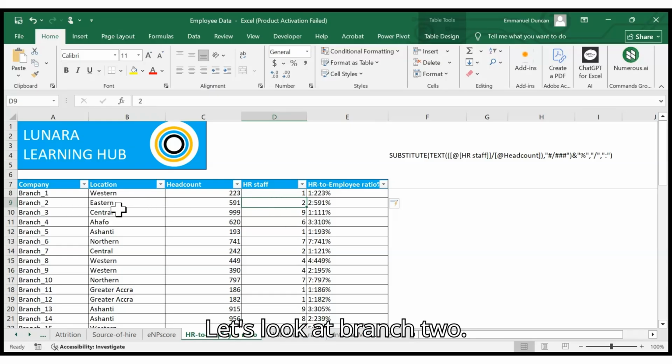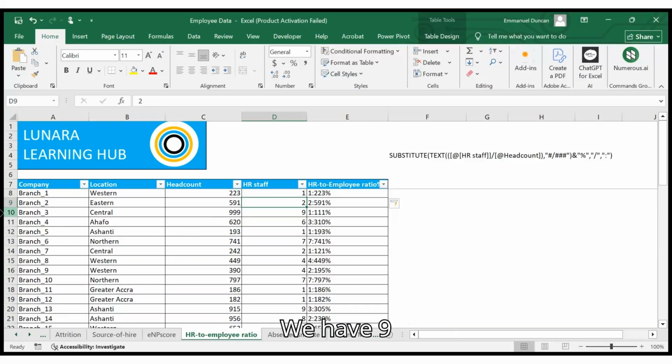Let's look at branch 2. We have 2 employees handling 591 employees. So here, according to the industry standard, we are to have approximately 5 employees handling this number of employees, the 591 staff. Let's look at branch 3.